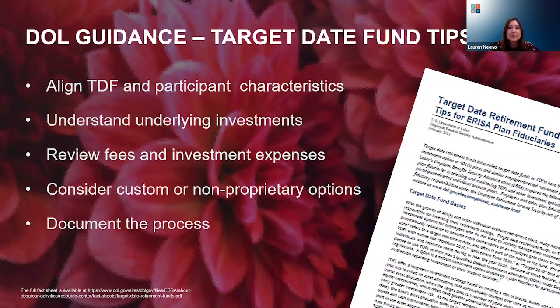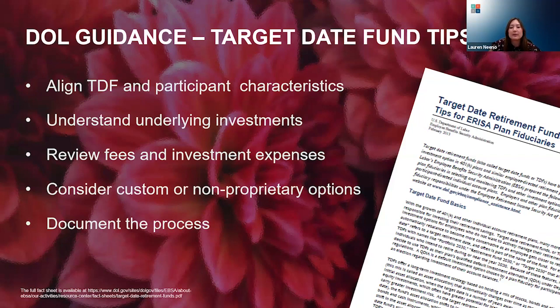Next up, understanding the underlying investments. Again, RPAG implemented the DOL's guidance by highlighting the importance of underlying funds with, one, our blended score approach on the target date fund scorecard.